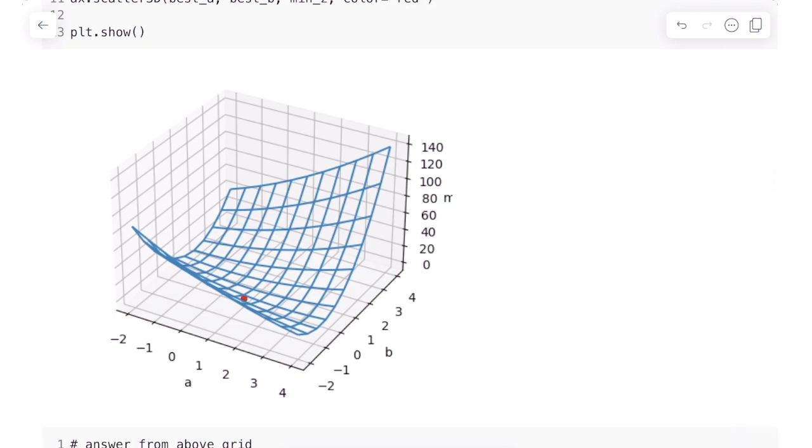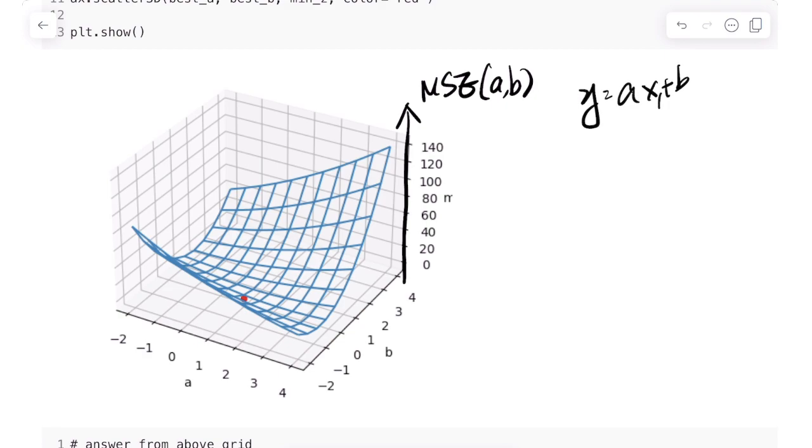This axis is MSE. It is a function of a and b, because y equals ax plus b, right? And this axis is b, or we say theta 0.